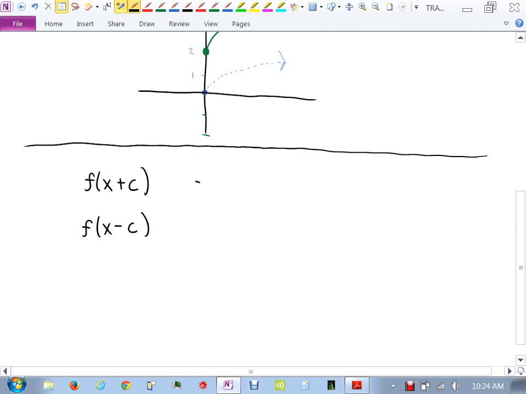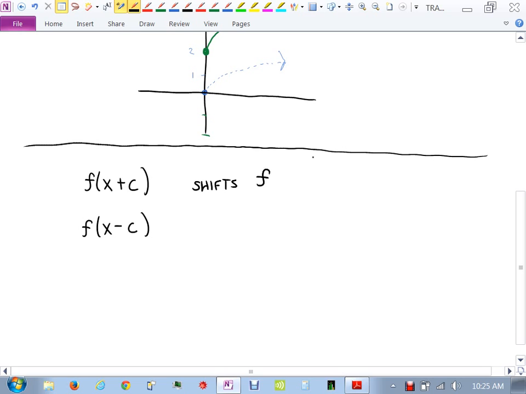Let me tell you what this does. This shifts f, what do you think? Left or right? Your instinct would say right, because positive is this way. With left and right shifts, it is opposite of what you think. You have to remember this. Up and down is what you think: add up, subtract down. Left and right shifts, opposite of what you think. It's counterintuitive, the word we use when it goes against what you would initially think.